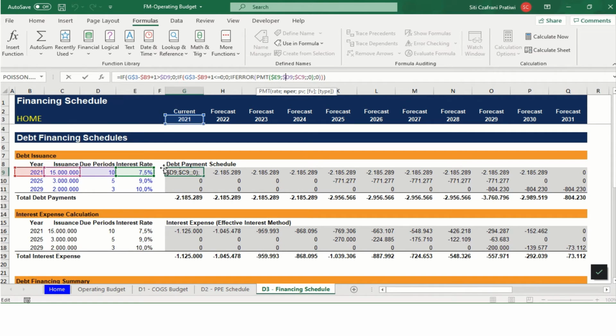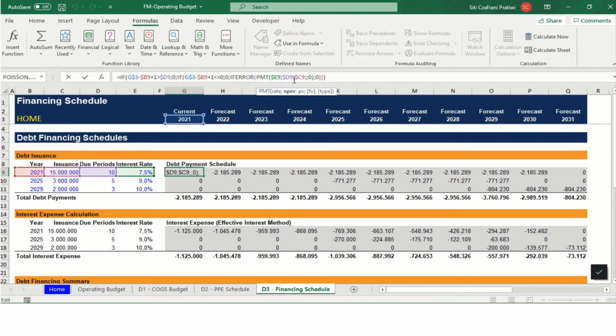However, it will be locked if we drag it horizontally, because we want the interest rate for year 2021 to stick at 7.5%. So we provide a dollar sign in front of the alphabet here.